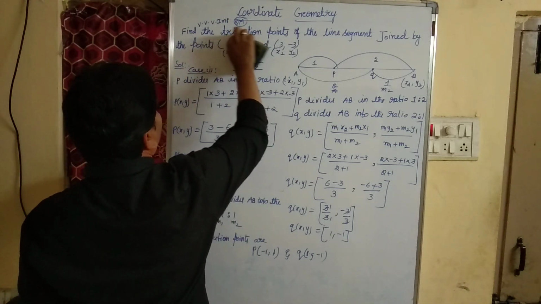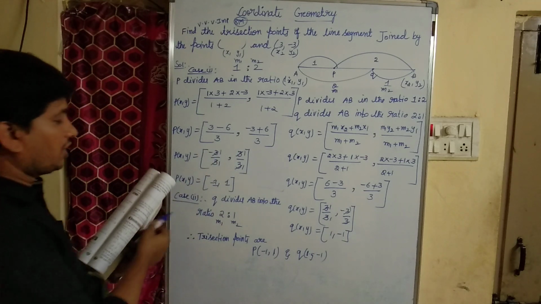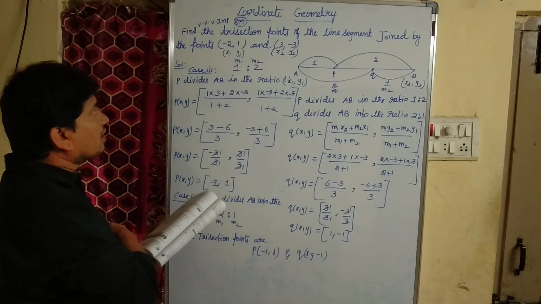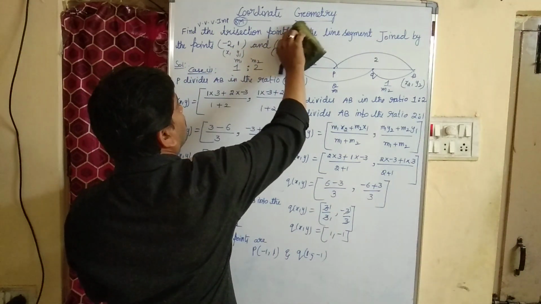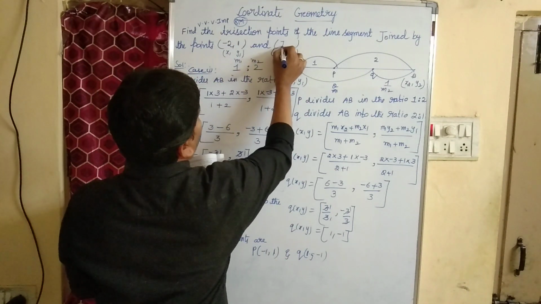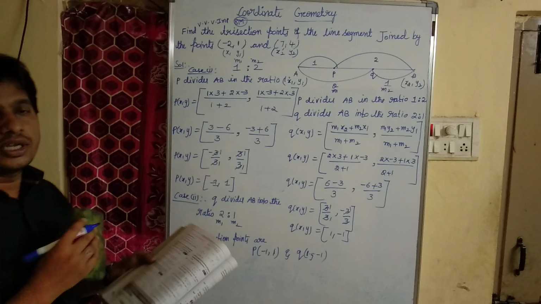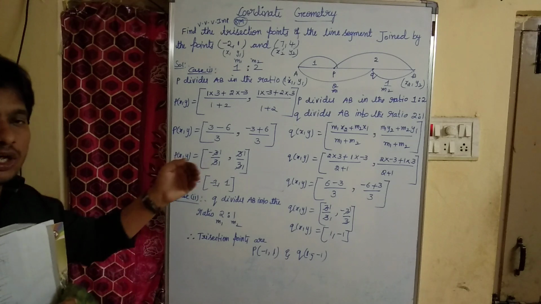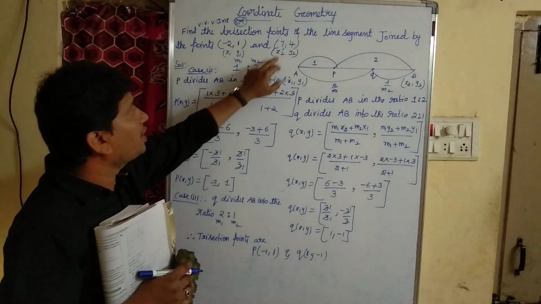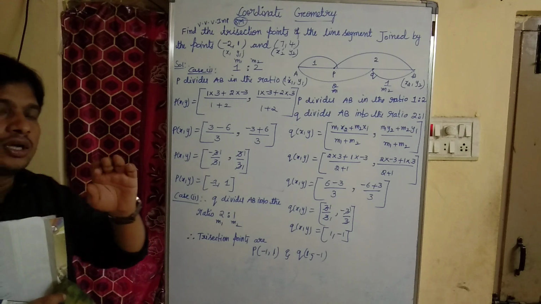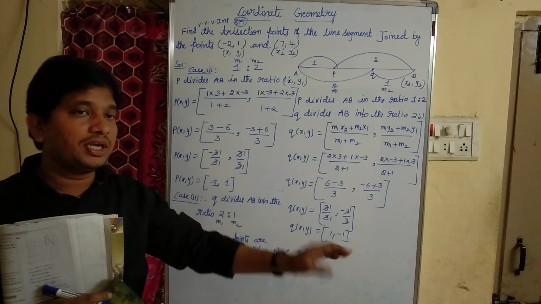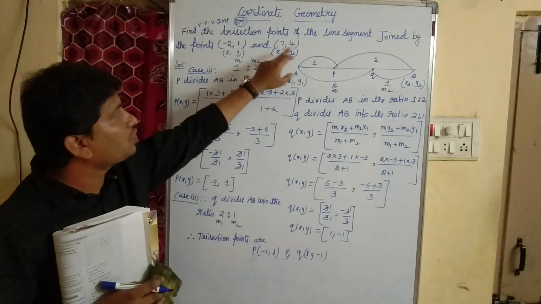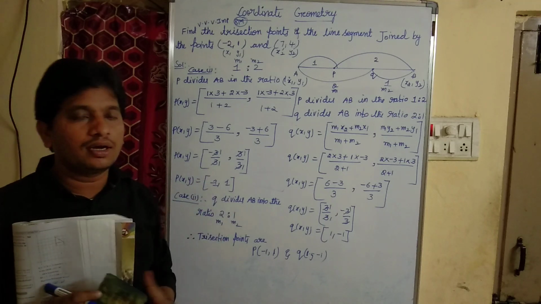Try to find the trisection points of the line segment joining the points minus 2 comma 1 and 7 comma 4. Okay. Children, here I changed the coordinates of vertices A and B. You try yourselves. Ratio is the same, children. For P 1:2, for Q 2:1. The thing is here the x1 y1, x2 y2 values changed. You substitute, you will get the answer.